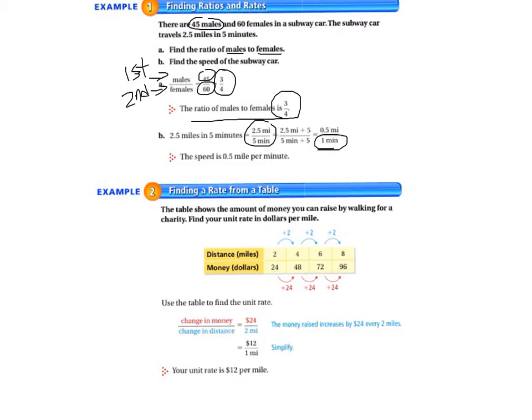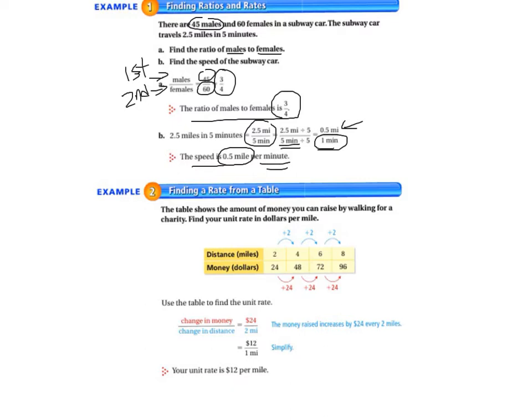And that gives us our speed, because we want to know how fast the subway train is going in 1 minute. So how fast per minute. So we divide by 5 because that's the number that's on the bottom. So 2.5 divided by 5 is 1/2, and 5 divided by 5 is 1. So the speed is 0.5 miles per minute.